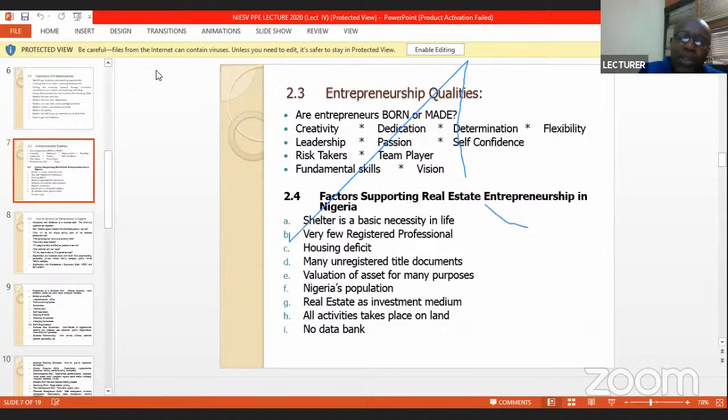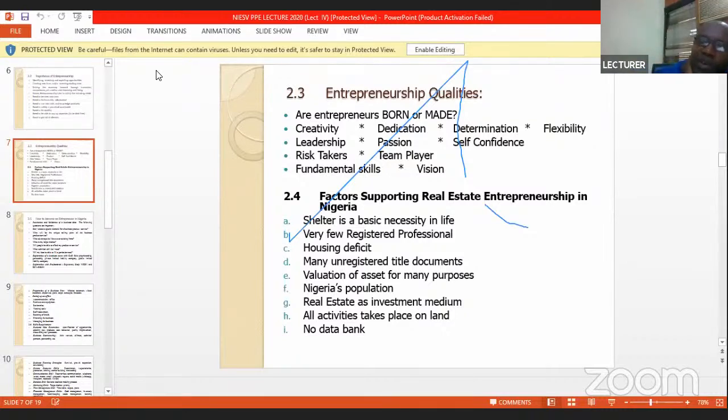Good. The next one is valuation. People always need valuation of assets for various purposes. The last time we discussed the purpose of valuation, and you see that a lot of people in Nigeria need valuation because of a number of purposes.